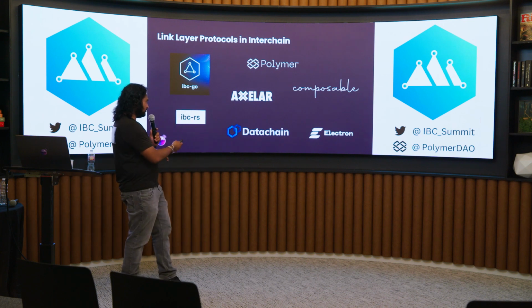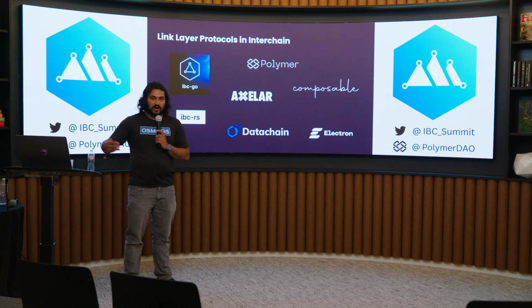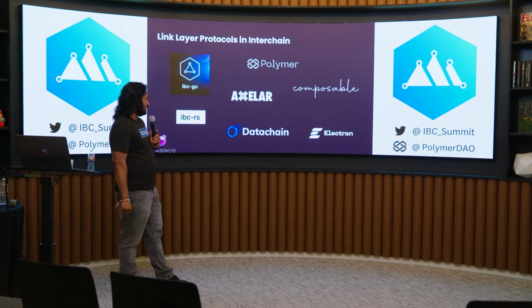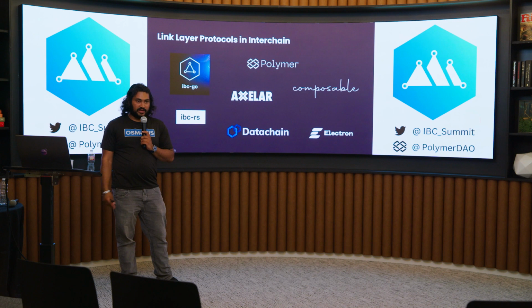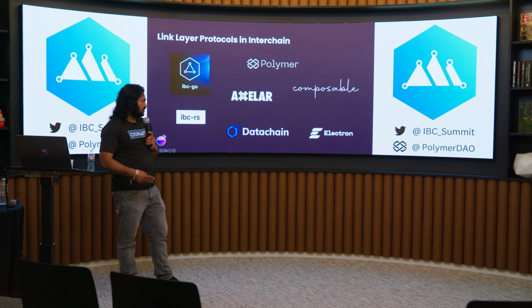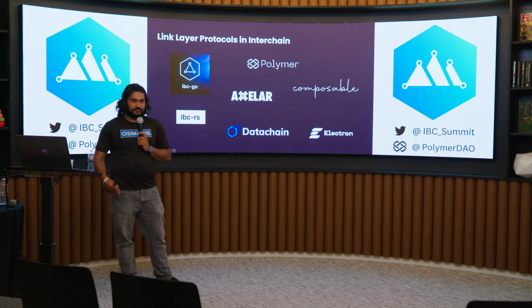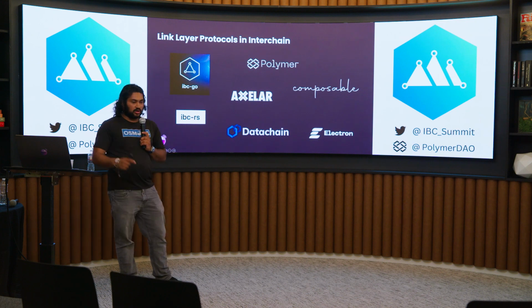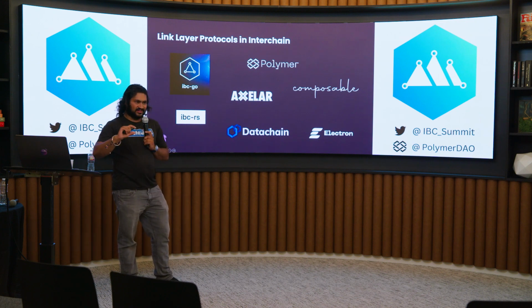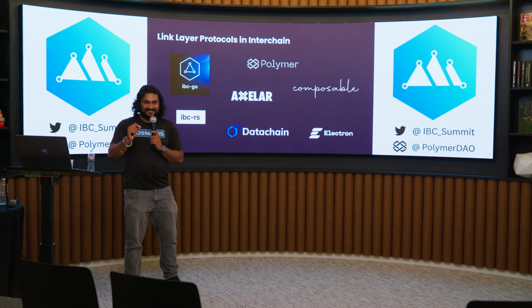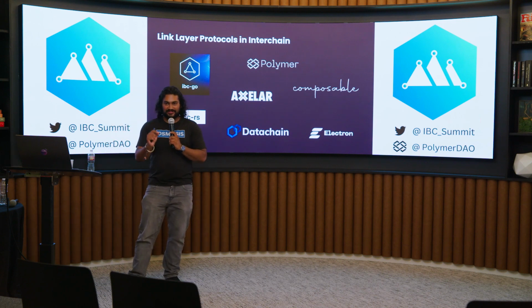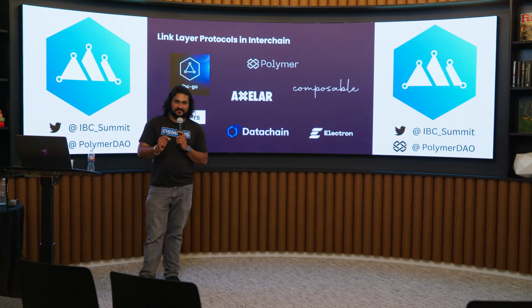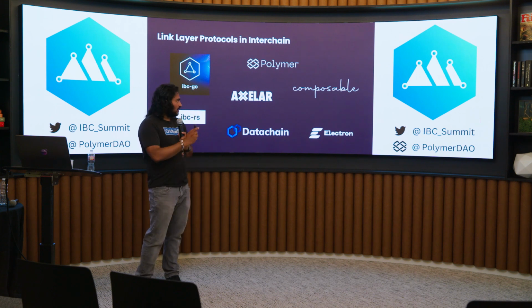You have IBC Rust being used by Anoma and Penumbra and other teams. You have Polymer building new IBC clients to Ethereum. You have Composable building them to things like Substrate. You have other teams like Electron, DataChain also doing stuff. Axelar acts kind of like a translation. The GMP is in this weird blurry line that straddles IBC versus a separate protocol.